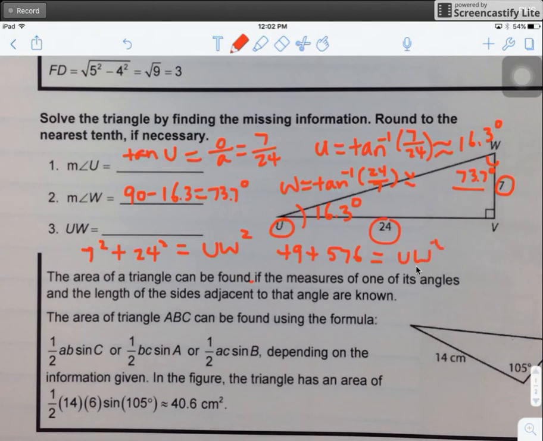Adding the 2 together, we have 625. And finally, taking the square root of both sides, we will have UW is equal to 25. So the length of UW is actually 25 units.